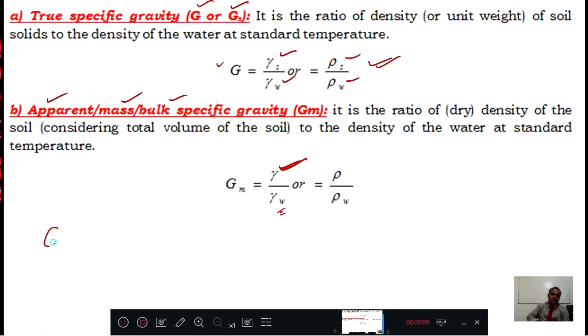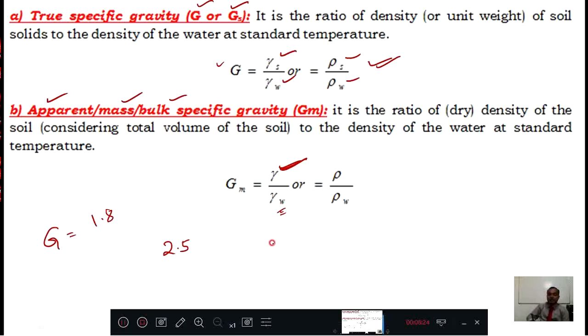I already told you that specific gravity is a comparison with respect to water. If specific gravity is 1.8 means what? That material is 1.8 times heavier than water. Understood? Now if I say 2.5, that material is 2.5 times heavier than water.